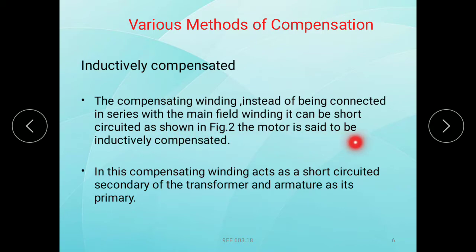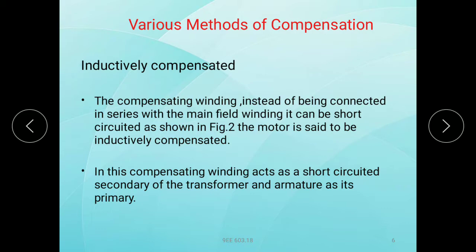The motor is said to be inductively compensated. Here the compensated winding acts as a short circuited secondary of a transformer and the armature as its primary.